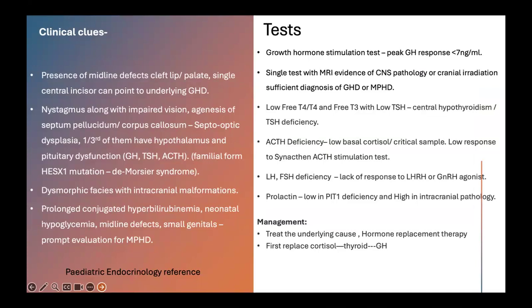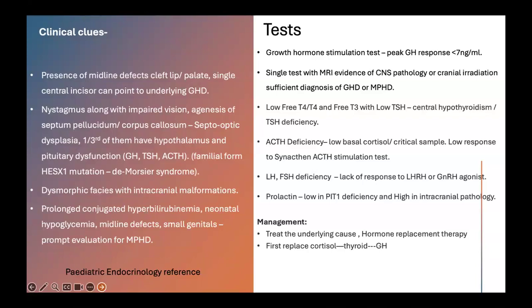Septo-optic dysplasia is another syndrome which has a typical clinical feature of nystagmus along with impaired vision. Imaging shows agenesis of septum pellucidum or corpus callosum in these cases, and 1/3 of these children have hypothalamo-pituitary axis dysfunction with deficiency of growth hormone, TSH, and/or ACTH.